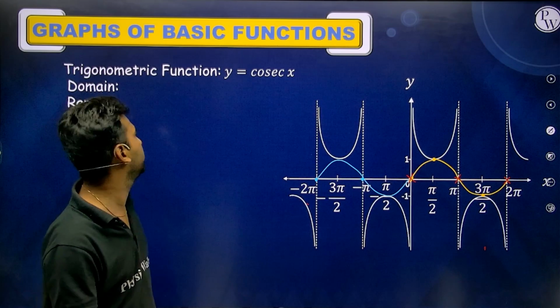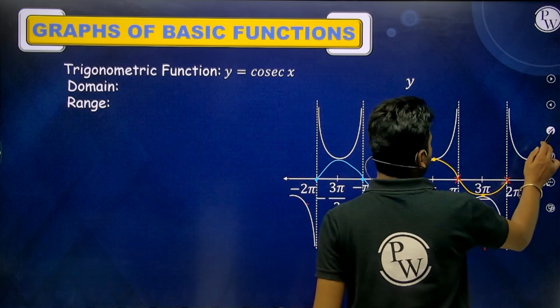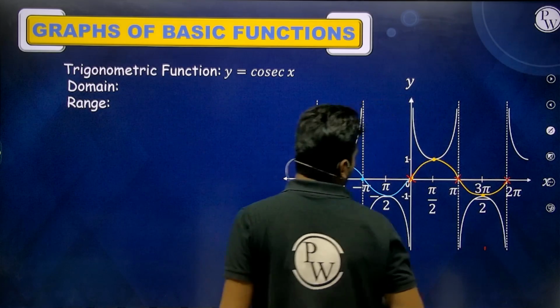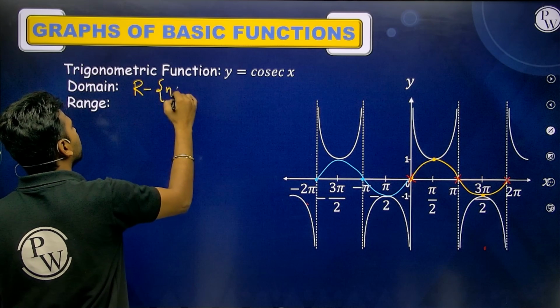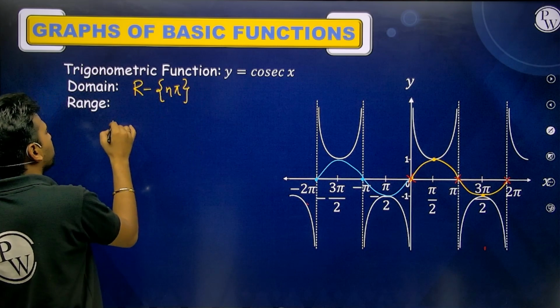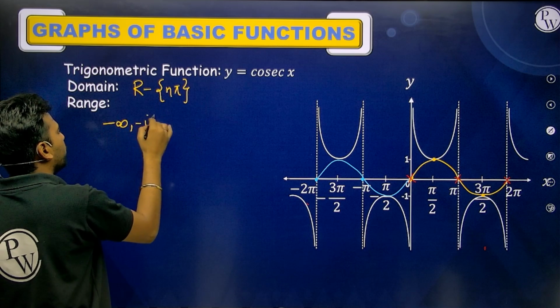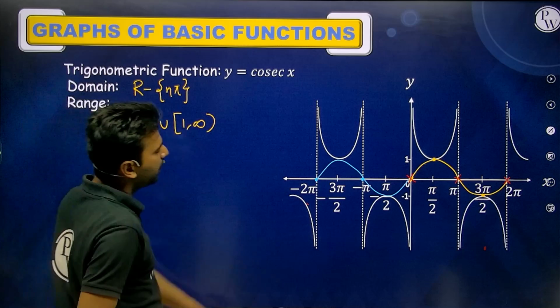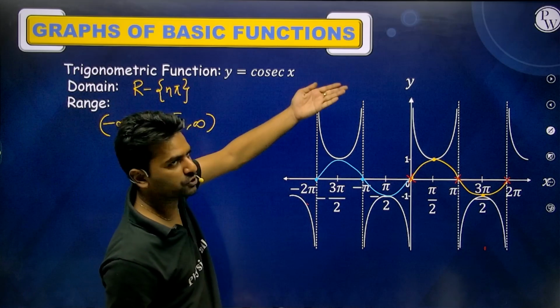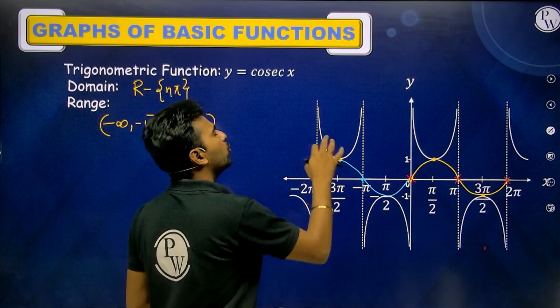Here the domain is all real numbers excluding n pi, where n is an integer, and the range is -infinity to -1 union 1 to infinity. Because if you invert this portion, it will start from 1 and go till infinity.